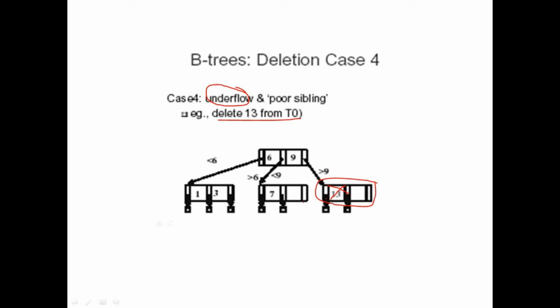So now the sibling of 13 is the node 7, children of the same parent 9. But if you borrow this 7 to this particular node, what will happen? There are no elements remaining in the particular node. That means this node goes underflow.